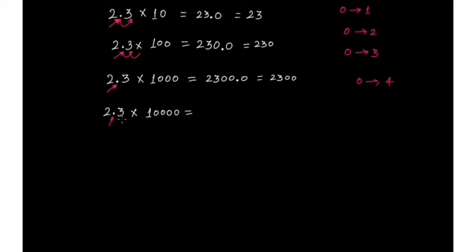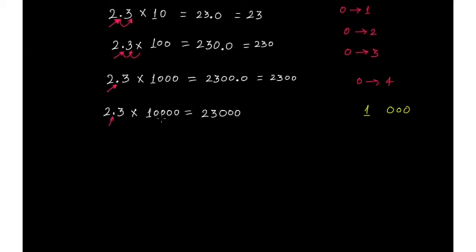It means that your decimal point should come after the 4th digit to the right of the decimal point. But in this case you have only one digit, so it has to be placed after 4 digits, but you have only one digit. It means that you'll place 3 zeros after 3. So 2, 3, right? You have to place 3 zeros, 1, 2 and 3.